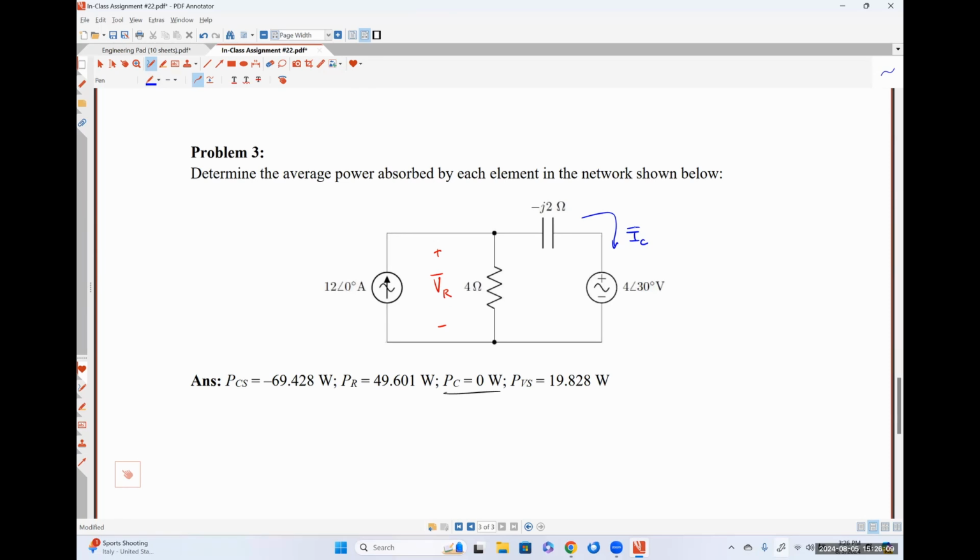So how do you guys think we should approach this problem to determine either of those two phasor quantities?